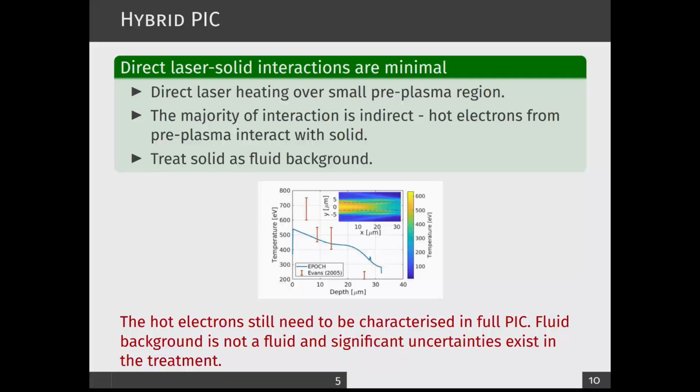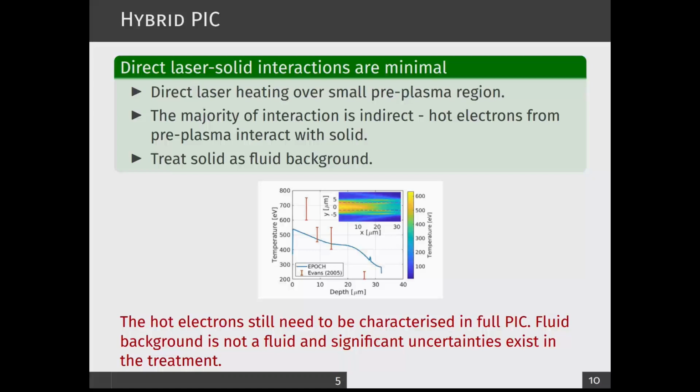Was that a hand up? Yeah, I was just wondering: if you've got to do the full PIC simulation anyway to get the hot electrons, and you're not going to be able to simulate fluid-scale problems, then what is the benefit of hybrid PIC?